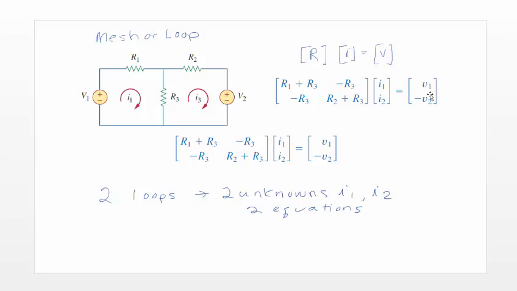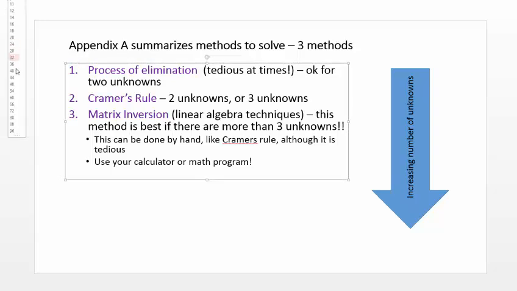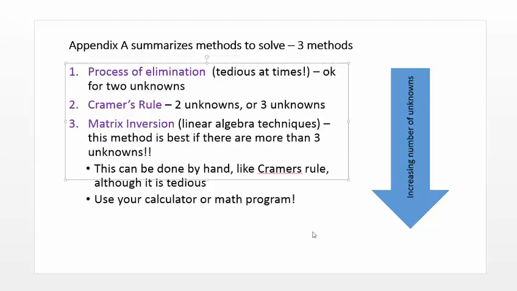So I wanted to go over for a moment the different math methods that you can apply to these problems. Make this a little bit bigger. That looks better. Okay, the first one that you probably learned in even algebra was process of elimination.